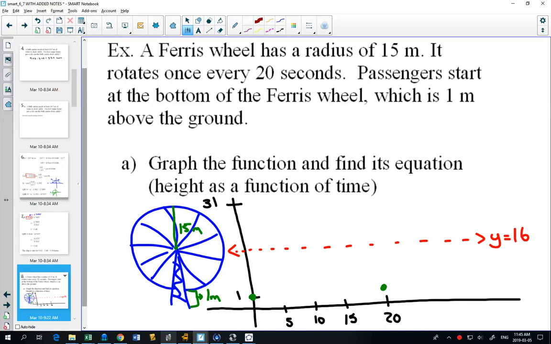Where are you going to be at 10 seconds? Halfway around, you'll be at the maximum. Where are you going to be at 5 seconds? The center line at 15, at the center line.